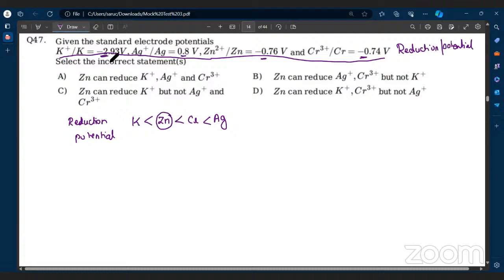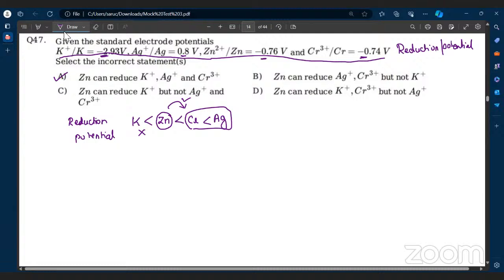So this is also an incorrect statement. And zinc can reduce Ag plus, Cr3 plus, but not K plus. Is it true? Yes, it is true. Zinc can reduce Ag plus and Cr3 plus, but it cannot reduce K plus. It is going to be true.